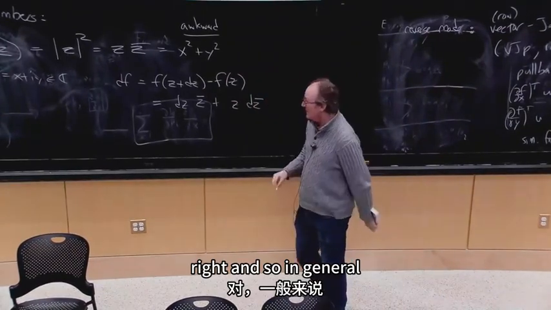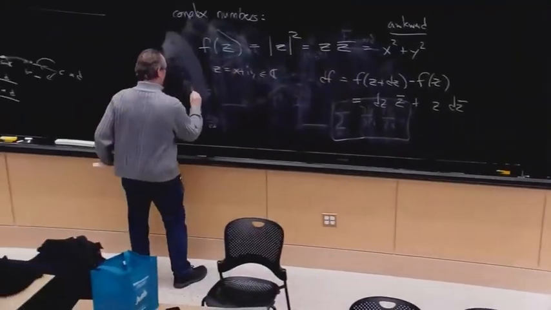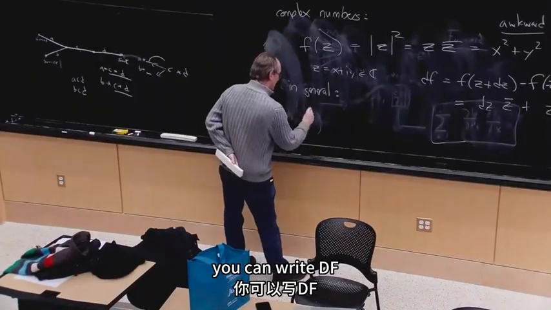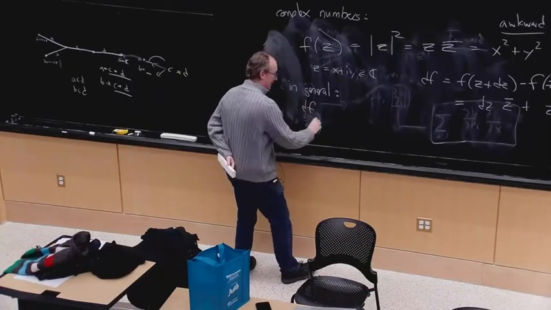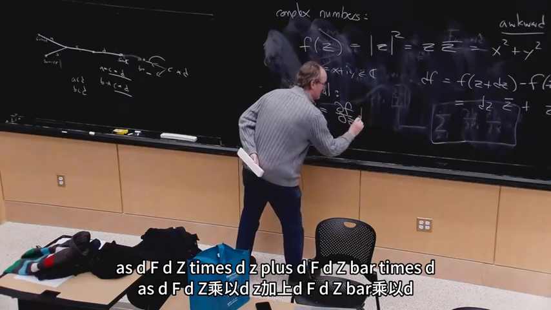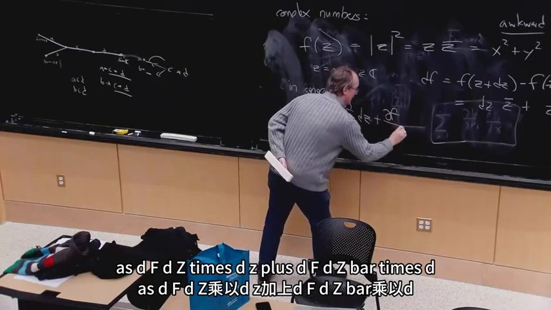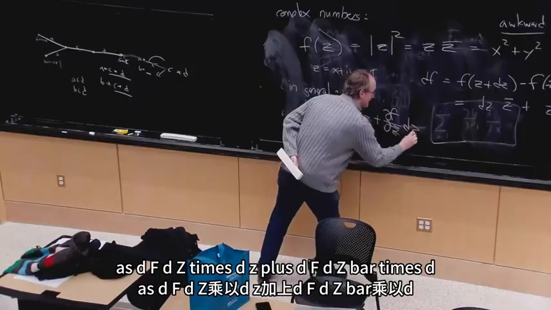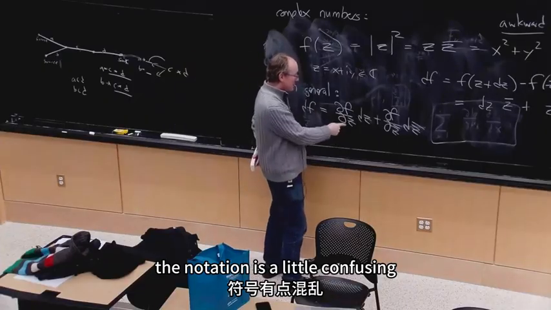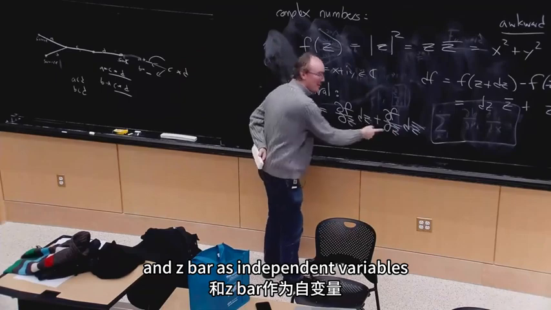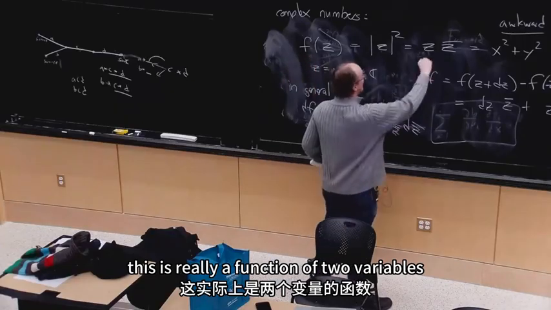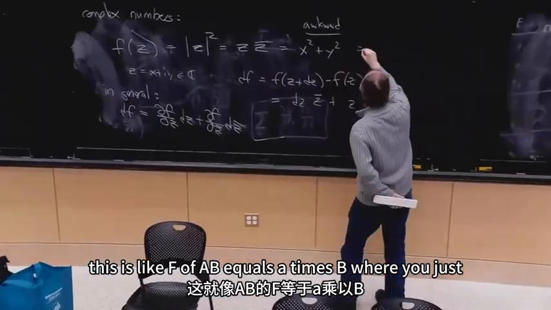And so in general, you can write df as df/dz times dz plus df/dz bar times dz bar. The notation is a little confusing because it looks like you're treating z and z bar as independent variables, when of course they're not. You should really think of this as a function of two variables.